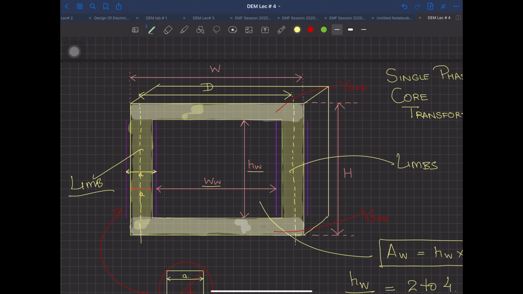Depth is, if I use this one color, this is going to be the depth. Height, this is going to be the height. So this is going to be hy, this is going to be dy. Now कोई मुझे बताएगा what hy और dy की वैल्यू कहाँ से आएंगी?